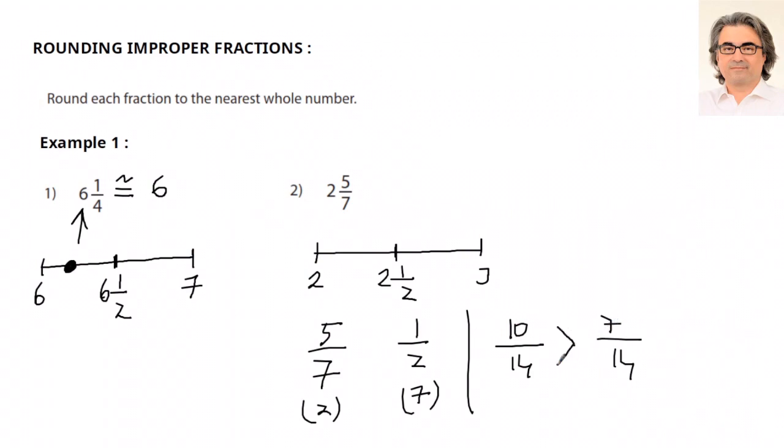So 10 over 14 is greater than 7 over 14. It means 5 over 7 is greater than 1 over 2. So my number should be between 2 and 1 over 2 and 3. So this number is closer to 3 than 2. So this is the meaning of rounding a fraction to the nearest whole number.